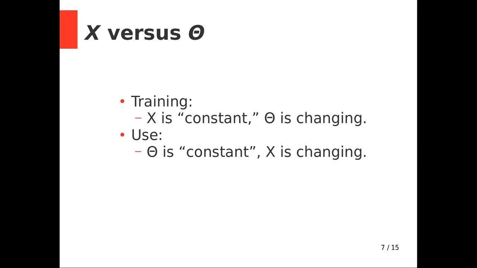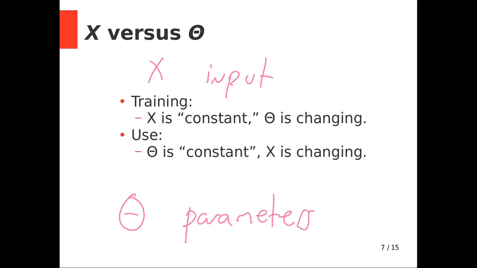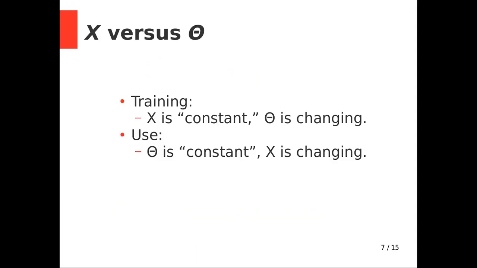So one problem that I have heard similar classes have is that students can get a little bit confused about the difference between the set x, which is the input, and the set theta, which are the parameters. Here's something that I hope is going to help.